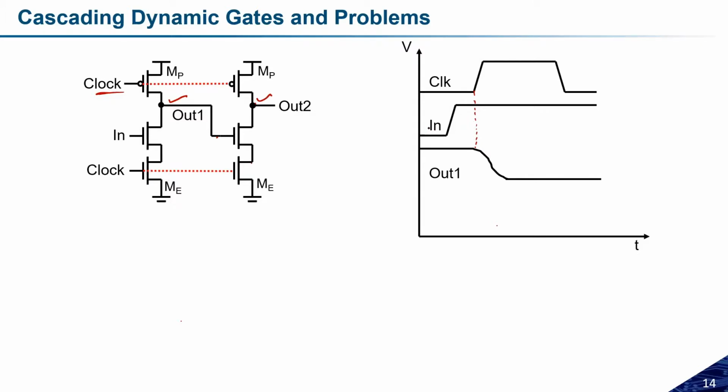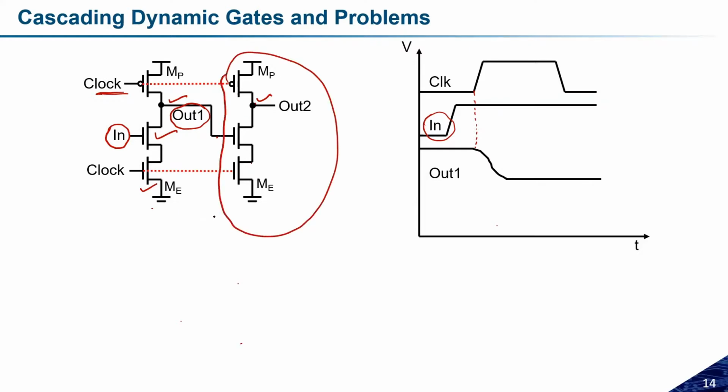Because the input is already logic high, in the evaluation phase this transistor will become on and this will be on, so this output will start degrading. Because the input is already on and the clock changed from low to high, this transistor will also come into the evaluation phase at the same time as the first dynamic circuit. But there may be some delay between input and output.